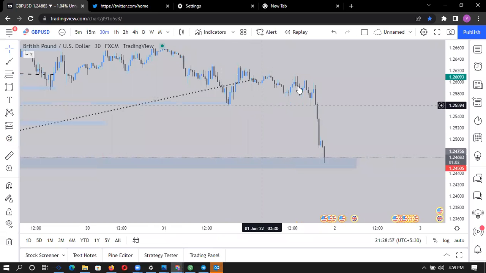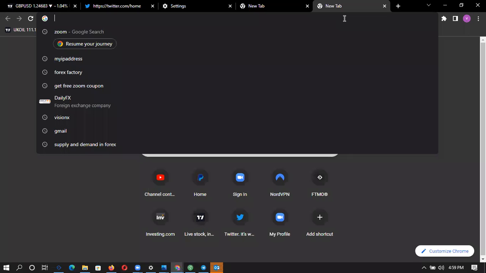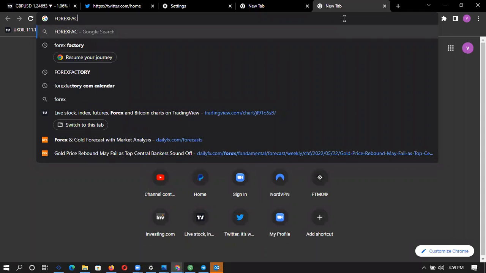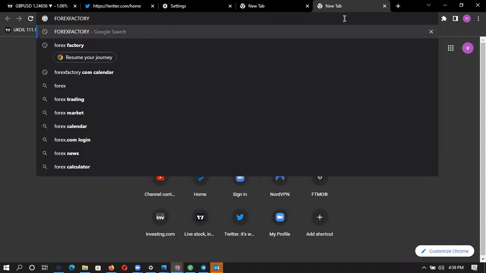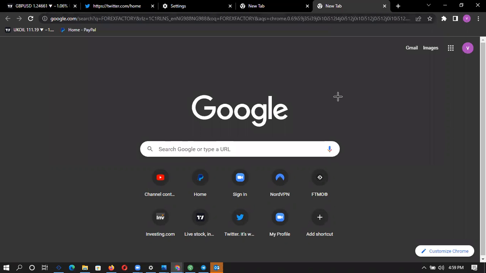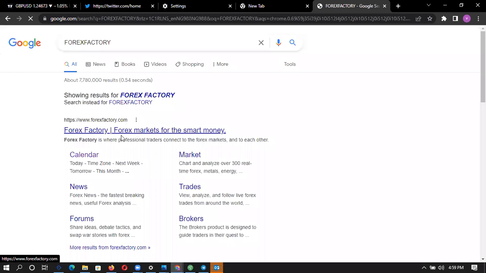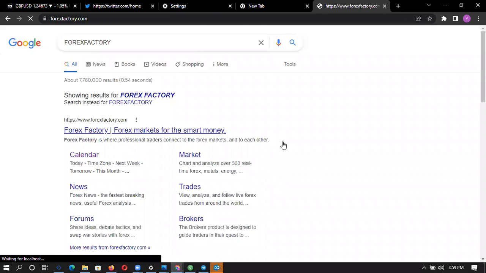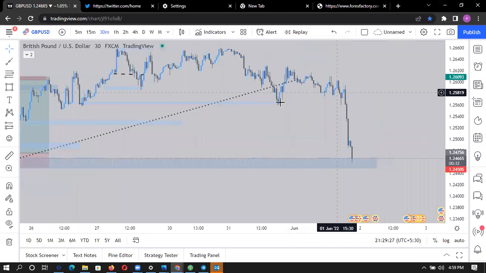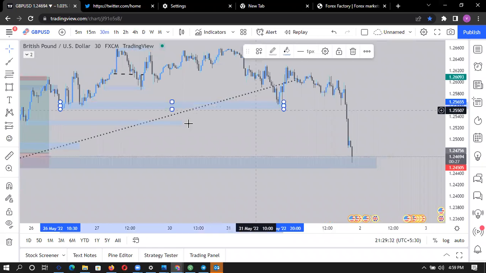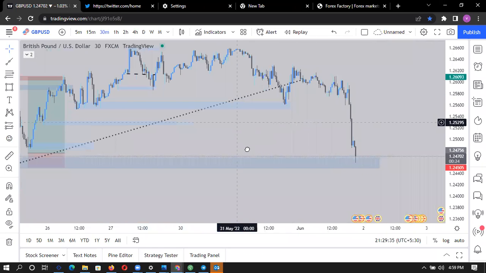So what happened here was, if you check our Forex Factory, you're going to see that we had the institutional news from the USD, which made anything against the USD drop and the USD go up. You can see that in all USD pairs.